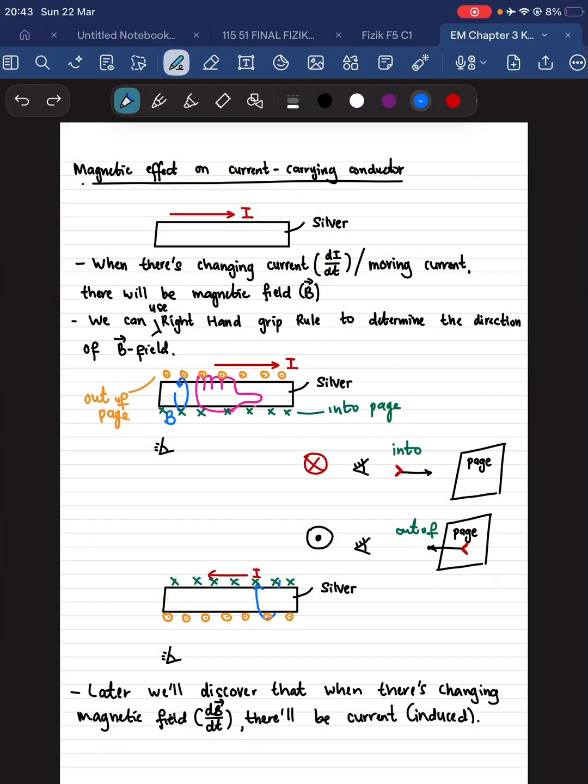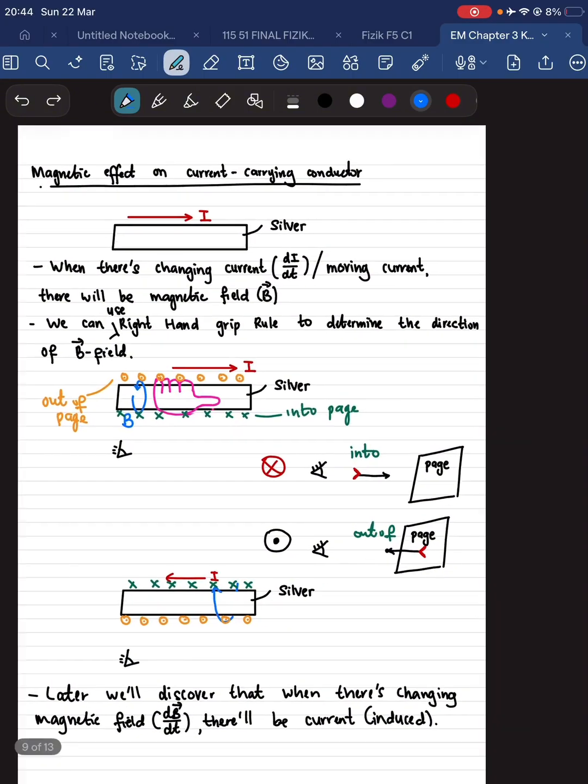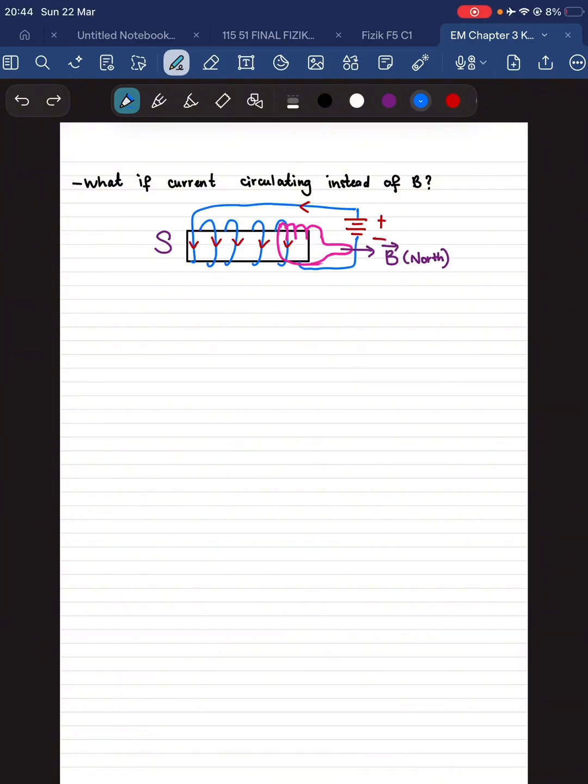And later we will discover that when there is a changing magnetic field, just now it was a changing current, but later we will learn that a changing field will cause current to be induced, right? So what if the current is circulating instead of the magnetic field? Same thing, we can use the right hand grip like this.